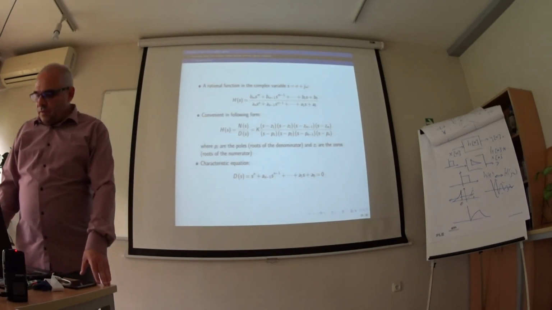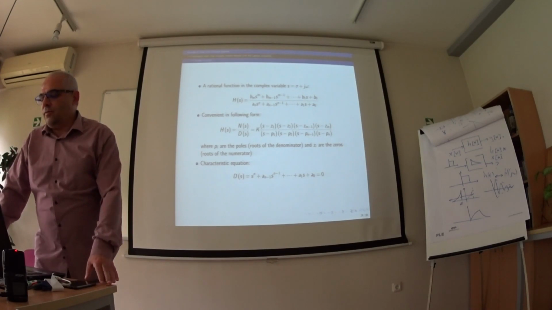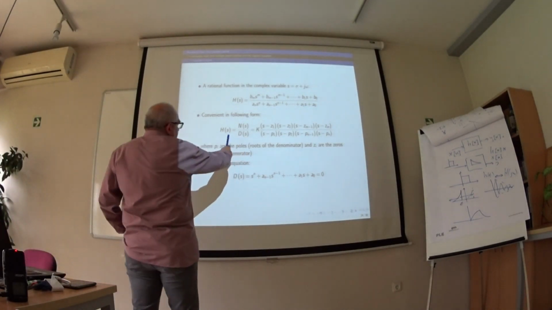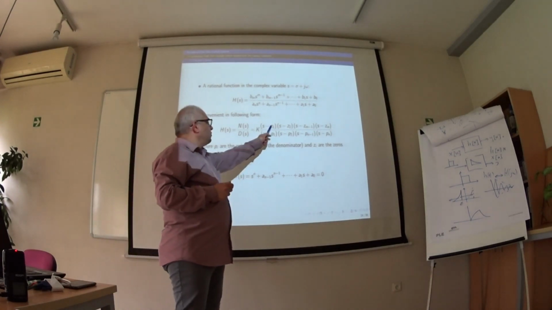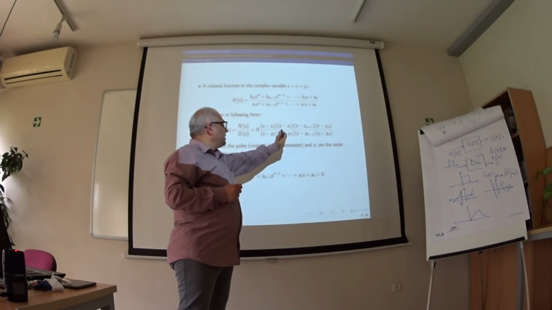Now, the transfer function can be expressed as a ratio of two polynomials, because it is a rational function, and we can express it in the following form. We have z1, z2, and so on up to zn.